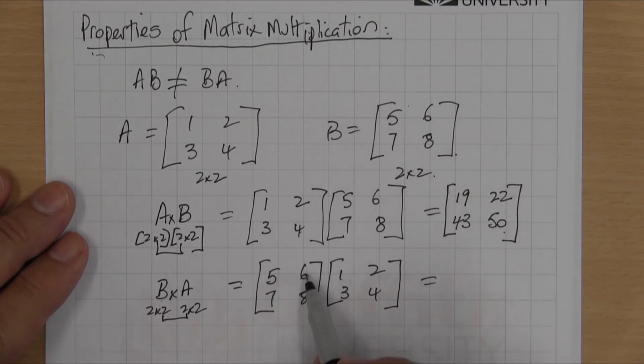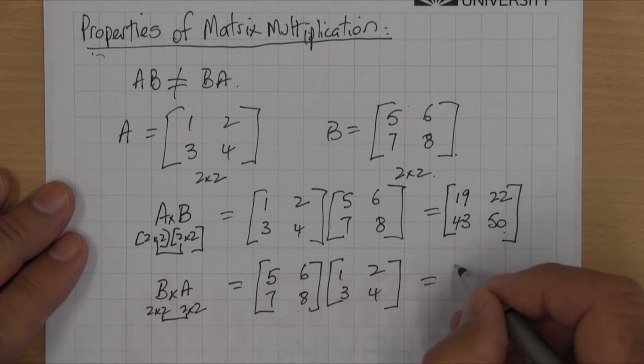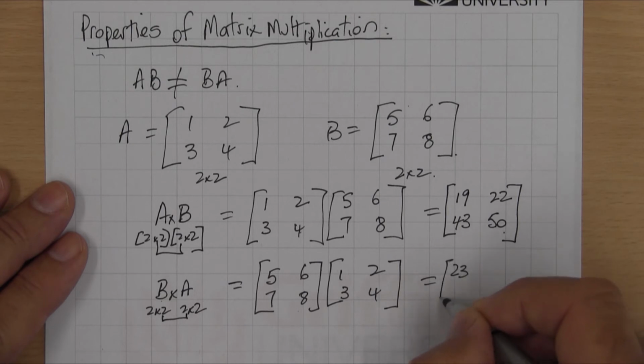Okay, we turn the 5, 6, put it that way. 5 there, 6 there, multiply that. 5 times 1 is 5, and 6 3s are 18. So 5 plus 18 is 23.